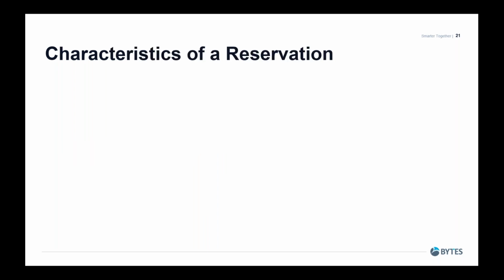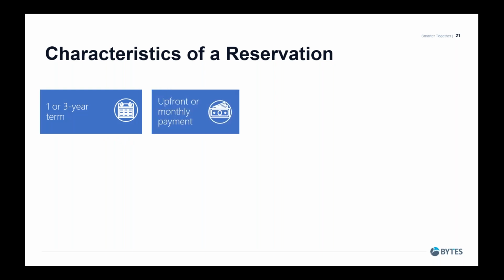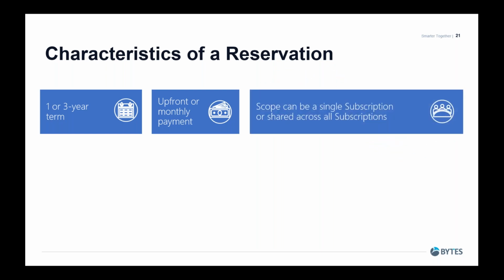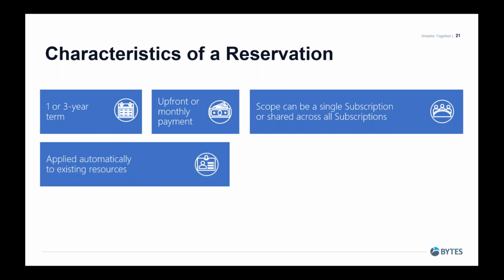As a recap, here are some of the characteristics of a reservation. They are purchased for either a 1 or a 3 year term. Payment is upfront or a monthly payment. It can be assigned to a single subscription or shared across all subscriptions. Once purchased, it will be applied automatically to the existing resource.